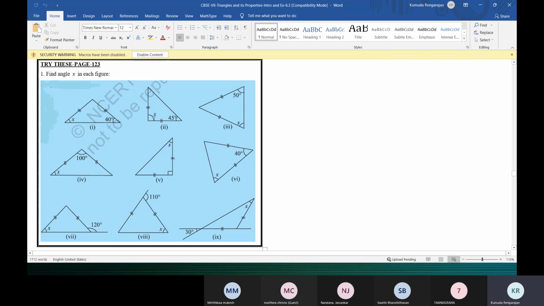Because of the angle sum property in a triangle, the sum of all three angles is equal to 180. So x plus 90 is equal to 180. X is equal to 180 minus 90. X is equal to 90 degrees.